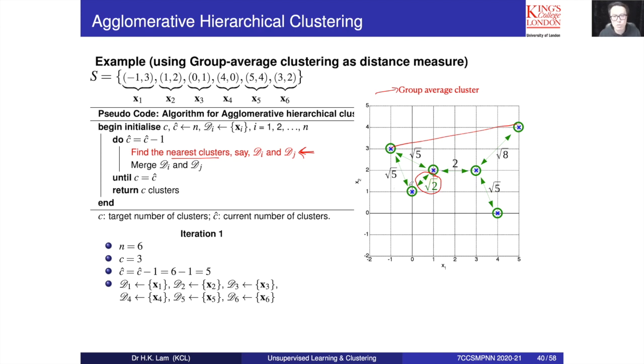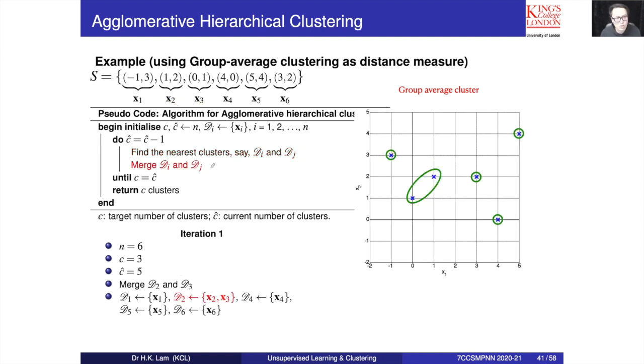So we are going to merge these two samples. This one, 0, 1, is x3. This one, 1, 2, is x2. So we merge x2 with x3.